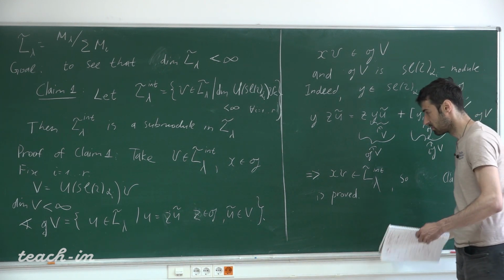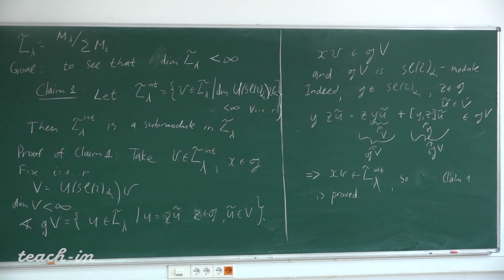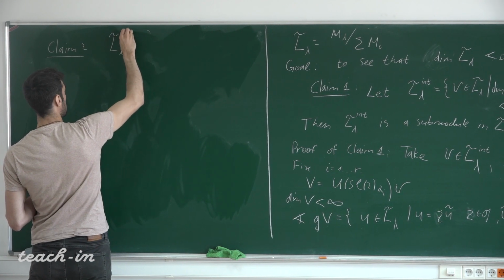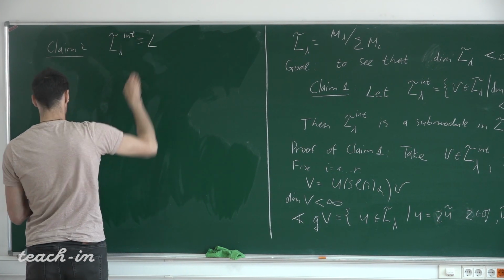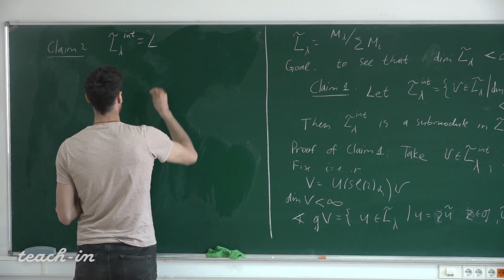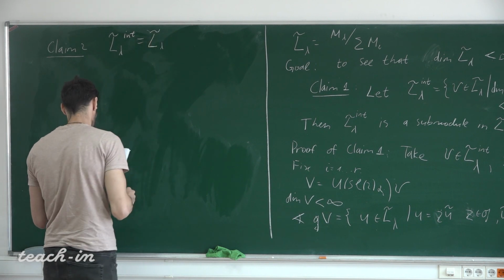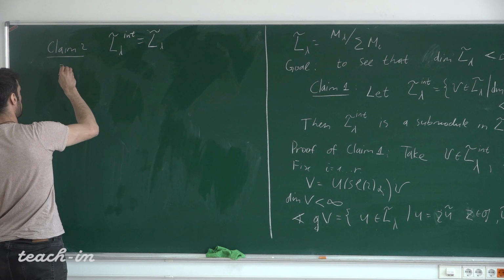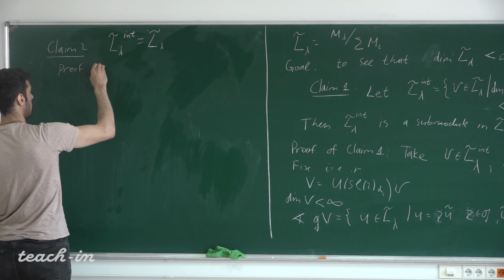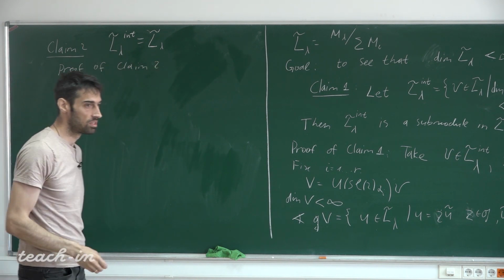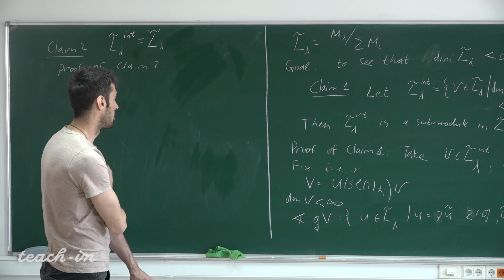Okay, so this was the most technical part. Now, claim 2 is that L lambda tilde integrable coincides with L lambda tilde. The proof of claim 2 is just one line.